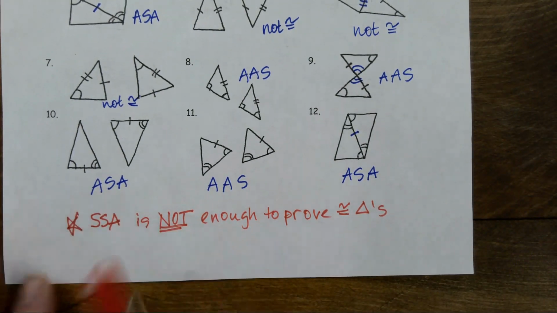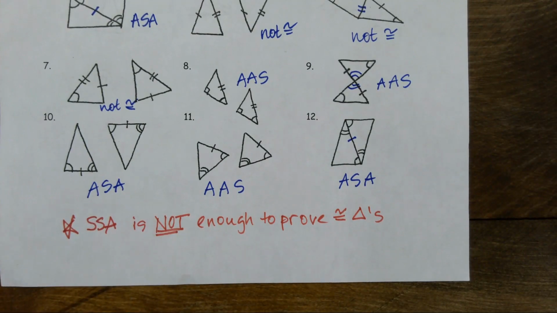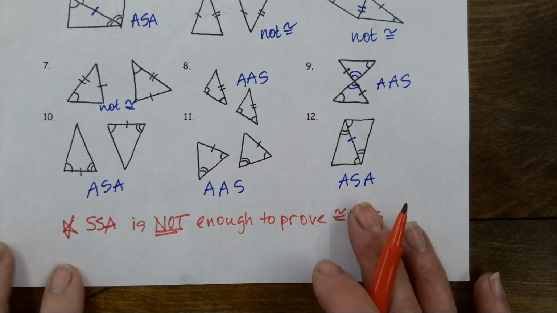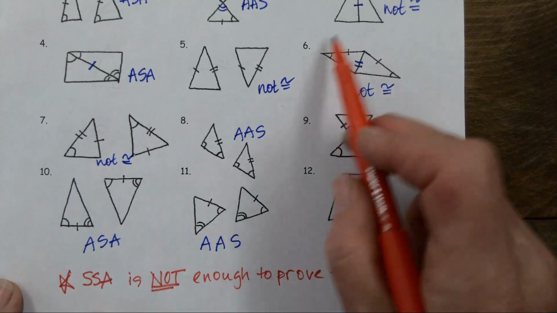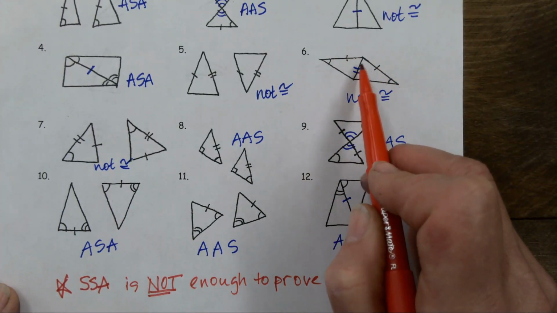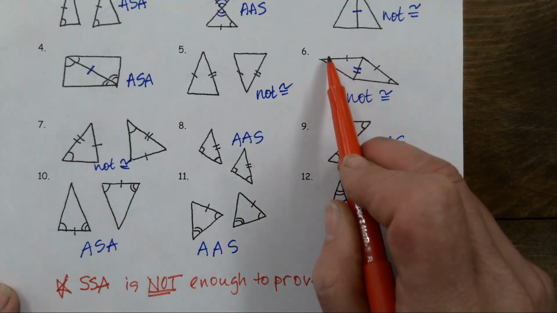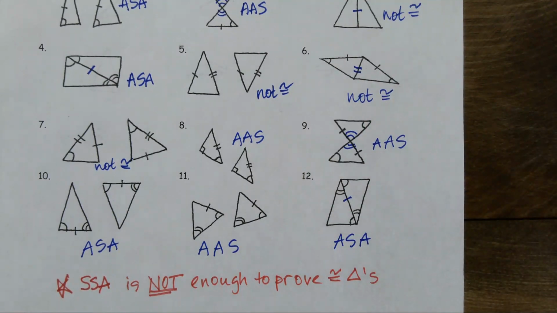You can have this in your picture. You can have two pairs of sides and one pair of angles marked as congruent. In fact, we have a picture with that. Which one is that? Right here, number 6. I've got the pair of sides and the angles marked, but that's not enough to prove triangles are congruent, so we can't use that as a reason.